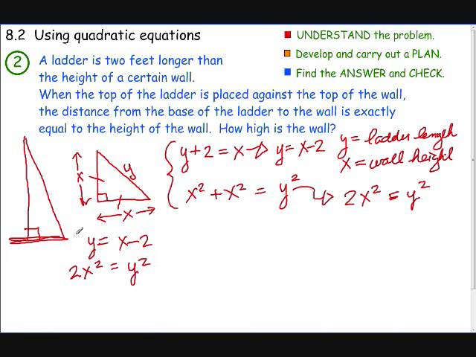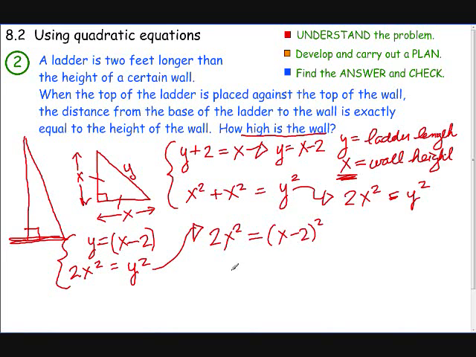So here's my system of equations that I'm going to use, and since the question is how high is the wall, I want to solve for x. So I'm going to substitute in, instead of using y here, I'm going to use x minus 2. So I'll have 2x squared equals, remember, instead of y, I'm going to use x minus 2.